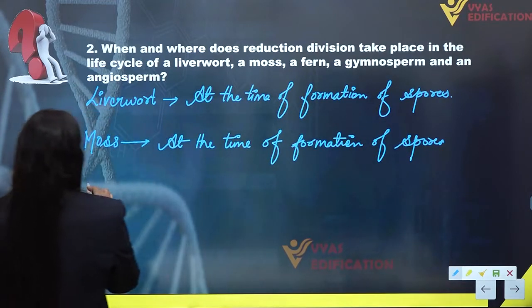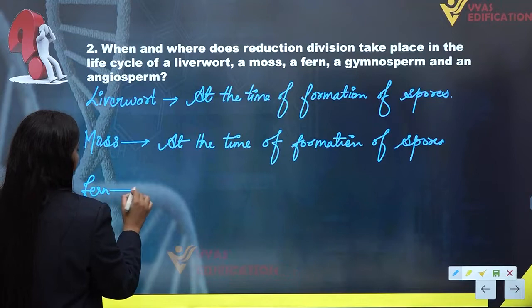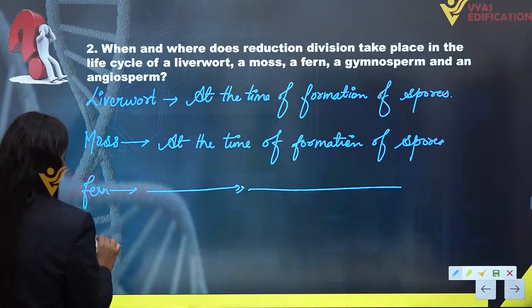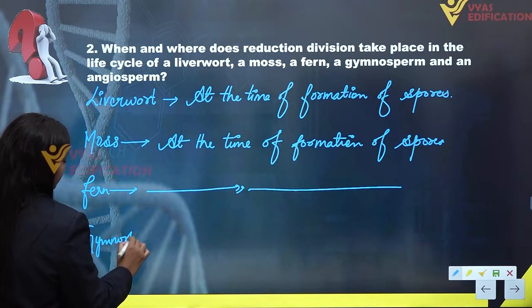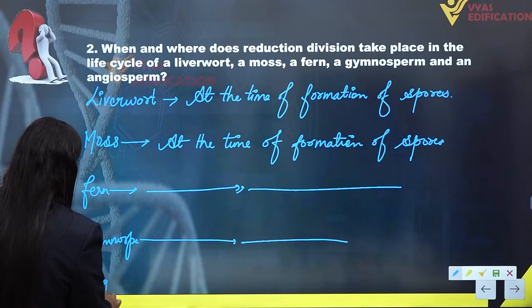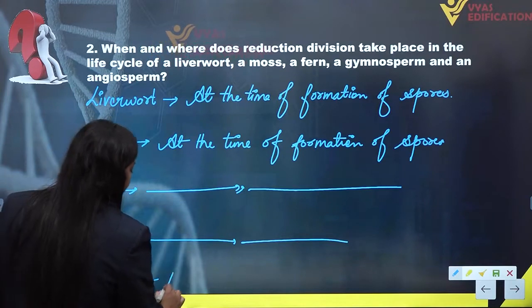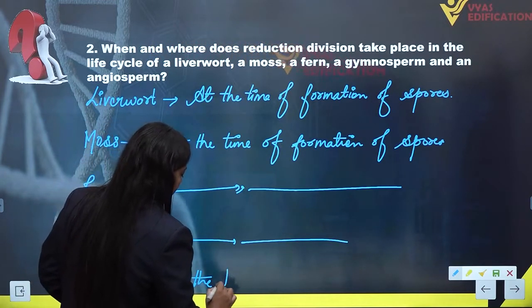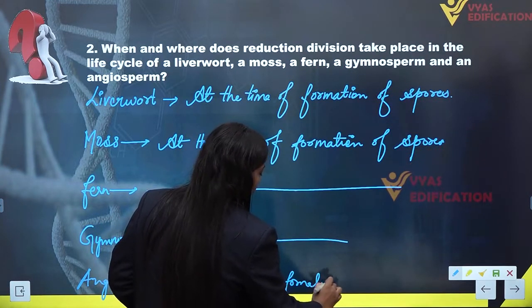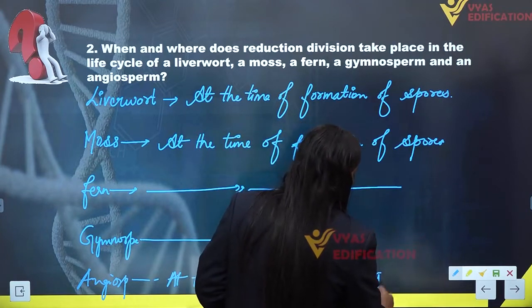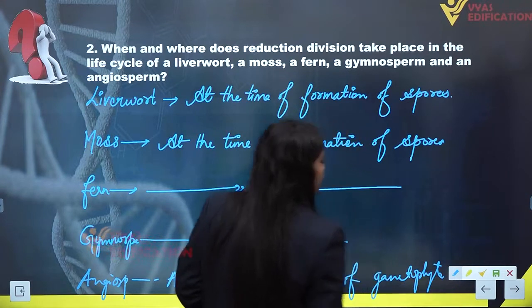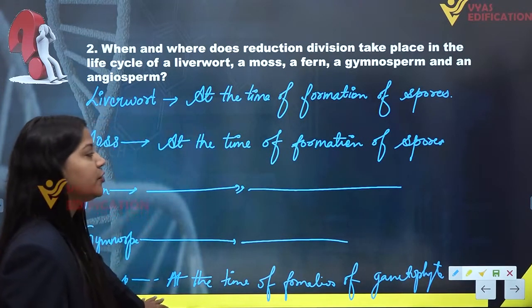And for fern also, the same thing goes. For gymnosperm, the same thing goes for gymnosperm. And if you talk about angiosperm, then at the time of formation of gametophyte, the reductional division takes place.